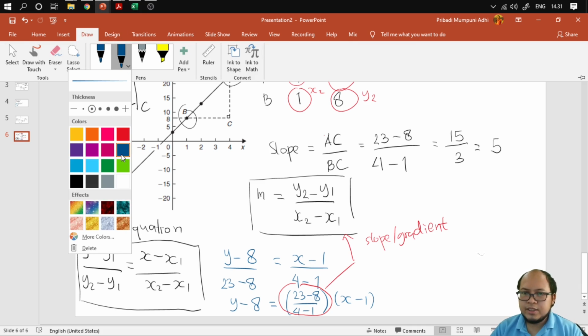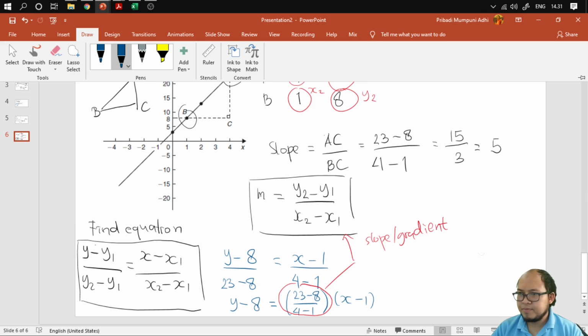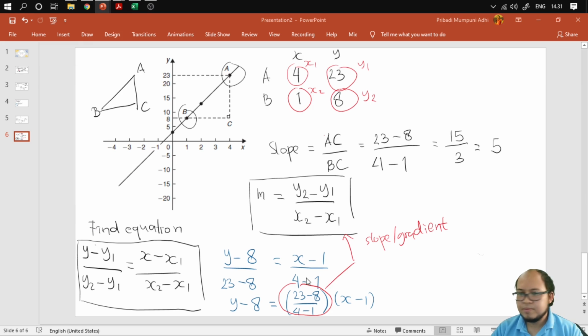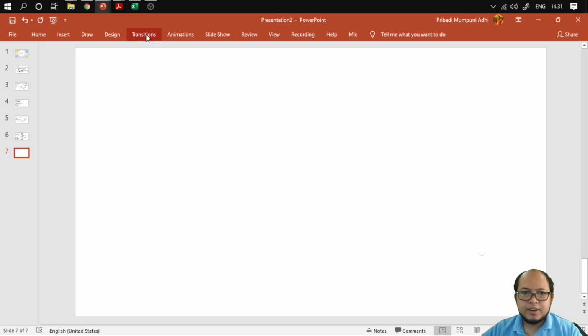So for this equation, we will have y minus 8 equal to the slope multiplied by x minus 1.